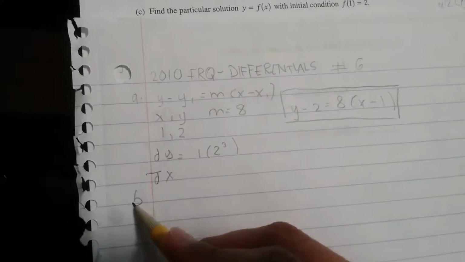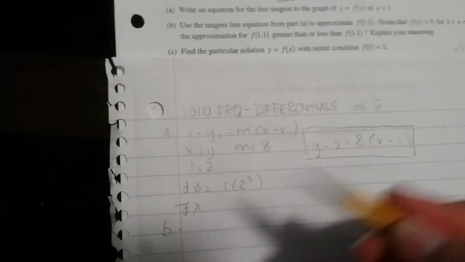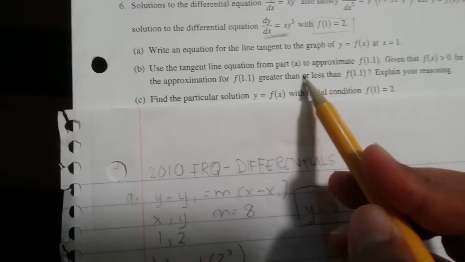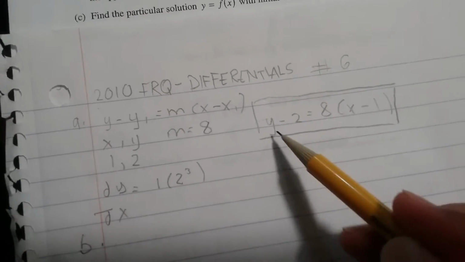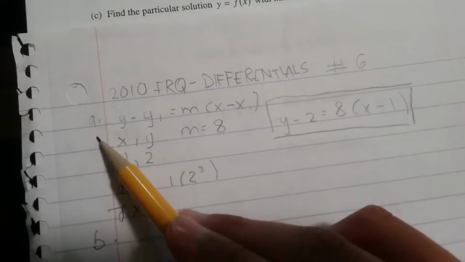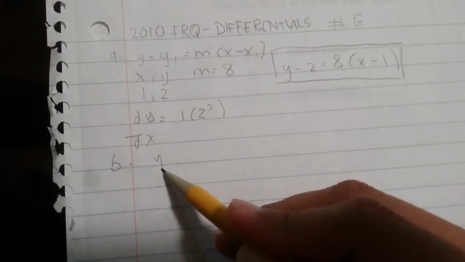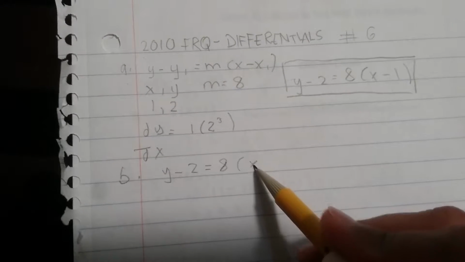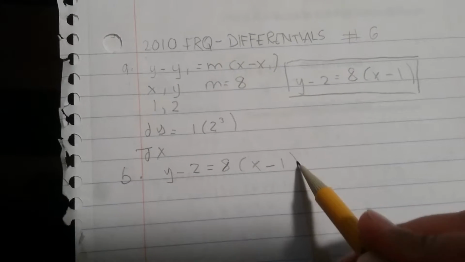Now we go on to letter B. So we're going to use the tangent line equation from part A. So this means we already have our equation right here for part A. We're just going to bring that down. y minus 2 equals 8 times (x minus 1).